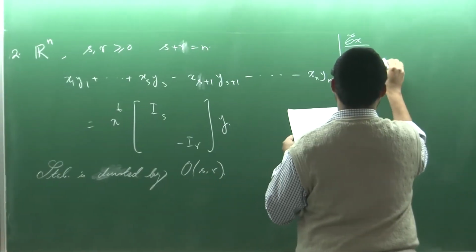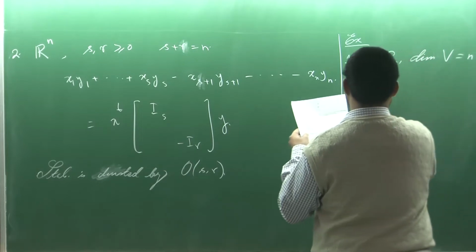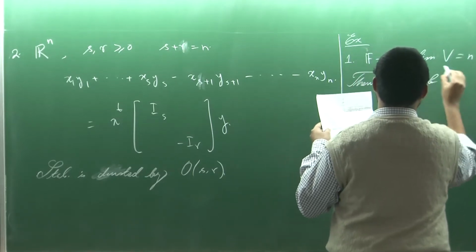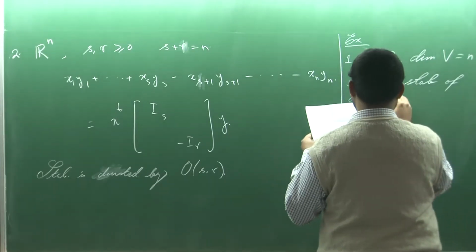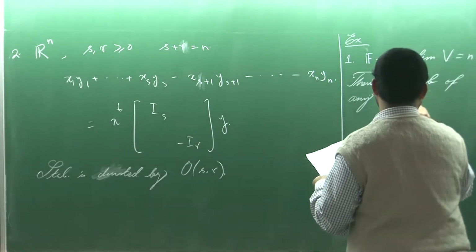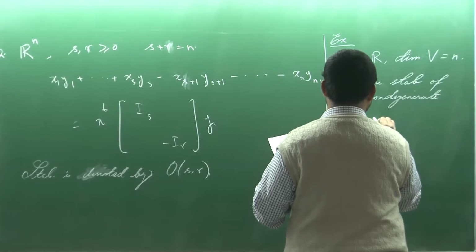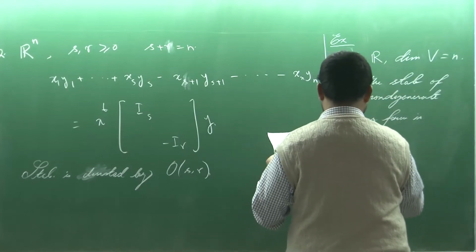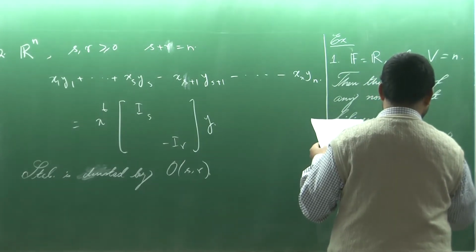Suppose F is R and V has dimension n, then the stabilizer of any non-degenerate bilinear form is isomorphic to O(R,S), where as usual R and S are at least 0, R plus S equals N. Remember, non-degenerate means the corresponding matrix is invertible.